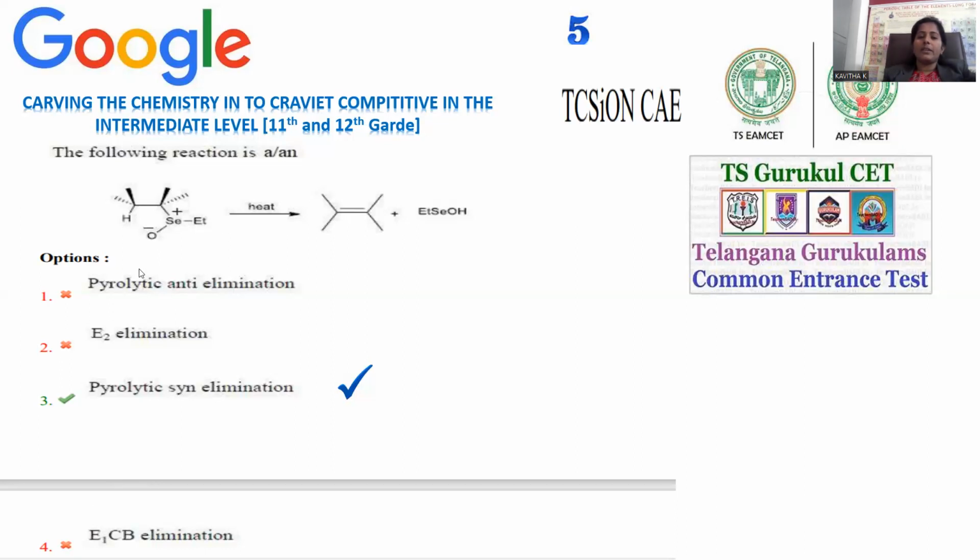Rather, it will participate in a cyclic transition state that is purely designated as pyrolytic syn elimination. Syn means same side. If you are eliminating two departing functional groups from the same side under high temperature, pyrolysis stands for high temperature, thermal conditions are provided. So this is suitably apt for the given chemical reaction: pyrolytic syn elimination.